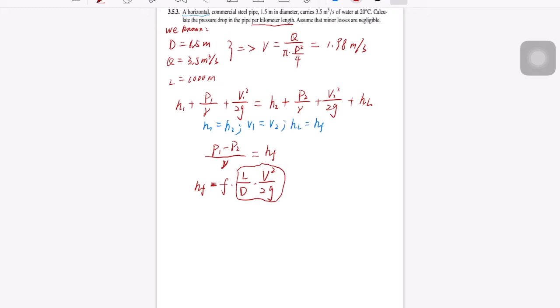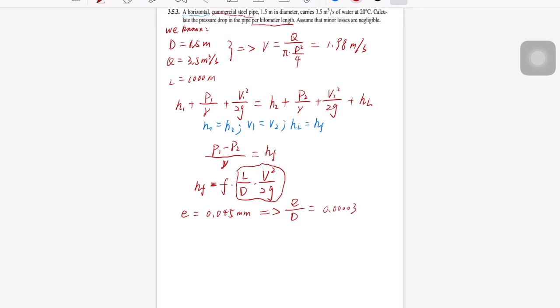So we must solve relative roughness and the Reynolds number. And we know this is a commercial steel pipe, so the roughness height equals 0.045 millimeter, and so we can know the relative roughness equals 0.12343.